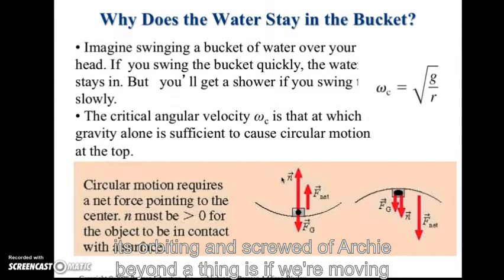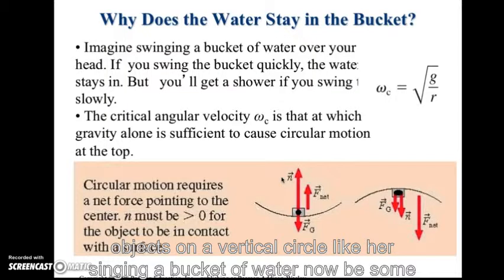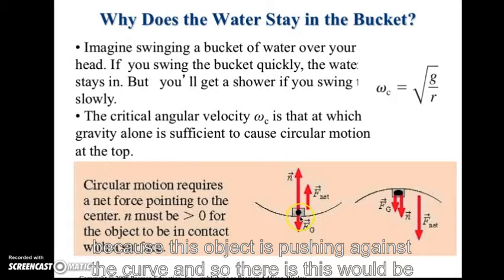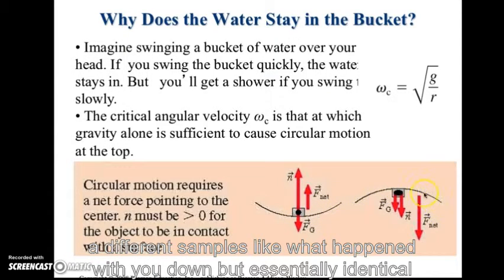The other thing is, if we're moving objects in a vertical circle, like if we're swinging a bucket of water, there'll be some velocity. Here would be a normal situation where you have a normal force because this object is pushing against the curve, and so there is a net force here. This would be a slightly different example. Now this is like the top of a loop-de-loop, so you're going upside down.